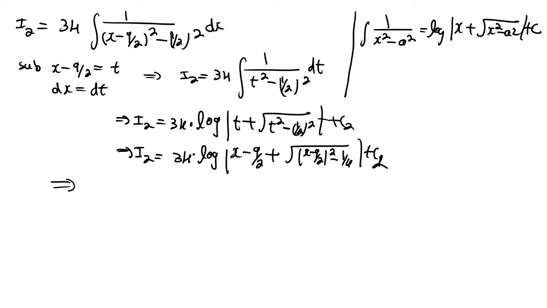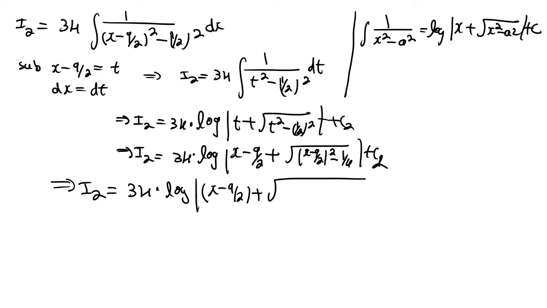So this implies I2 value is equal to 34 into log of mod of x minus 9 by 2 plus square root of x minus 9 by 2 whole square minus 1 by 4. This is nothing but the given expression, square root of x square minus 9x plus 20, right? We wrote this as x minus 9 by 2 whole square minus 1 by 4, plus c2.